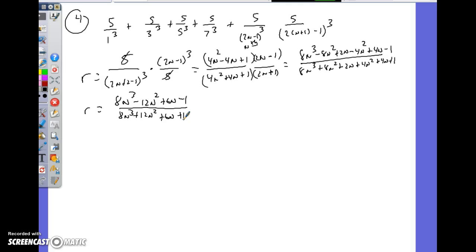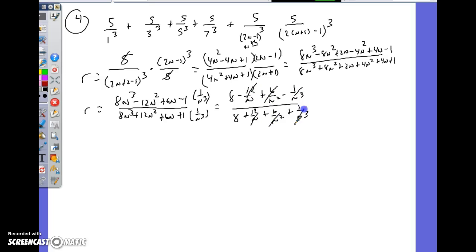Woo! So now I'm going to divide by the highest power of n I find anywhere in the problem, which is 1 over n cubed. I get 8 minus 12 over n plus 6 over n squared minus 1 over n cubed all over 8 plus 12 over n plus 6 over n squared plus 1 over n cubed. Now look at this. Anything with the n on the bottom goes away. I get 8 over 8, which is 1. Can't tell. Done.